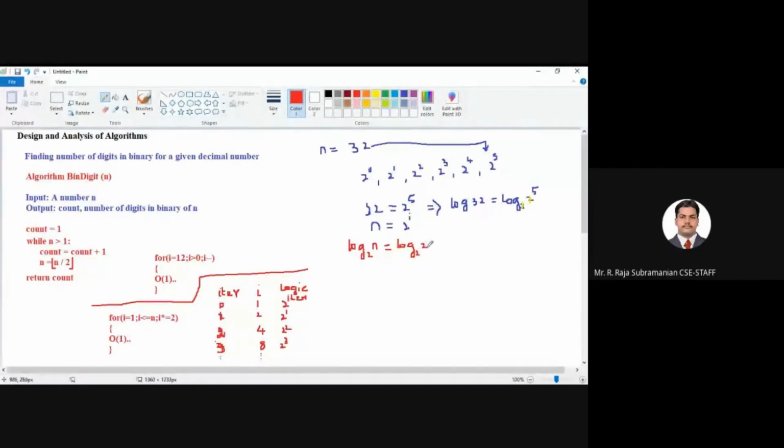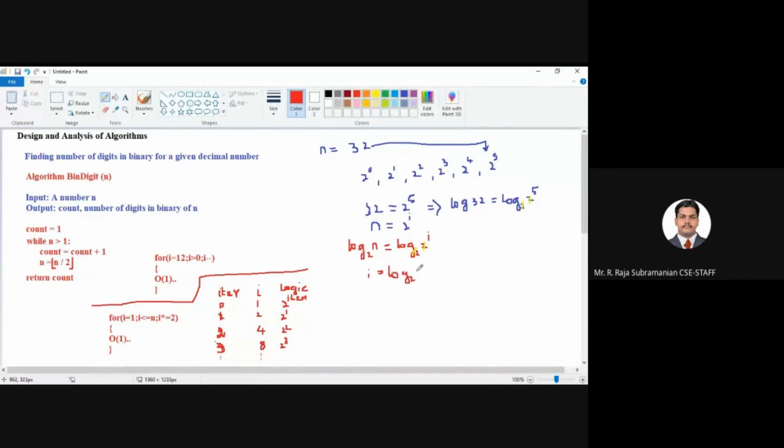This entire log base 2 and the 2 will cancel out. So what will be the i value now? i is equal to log base 2 n.